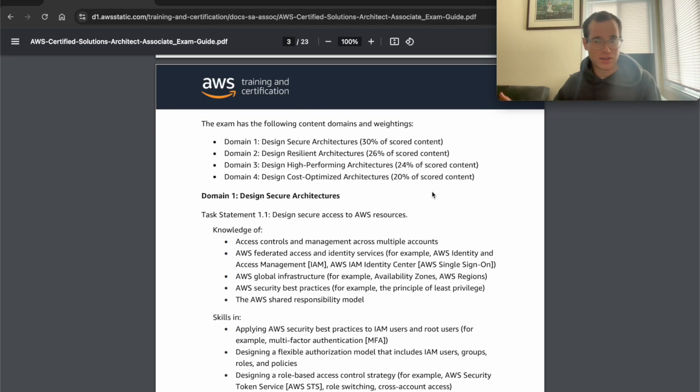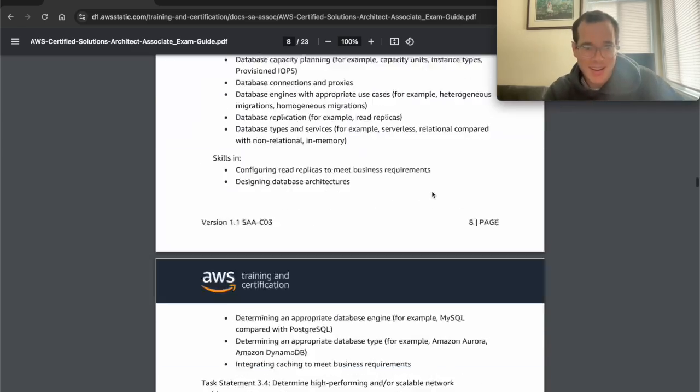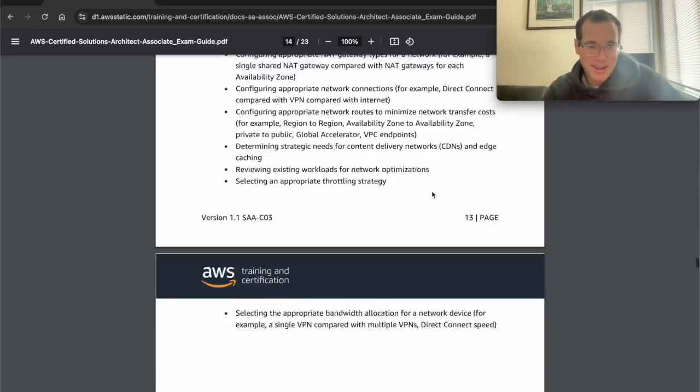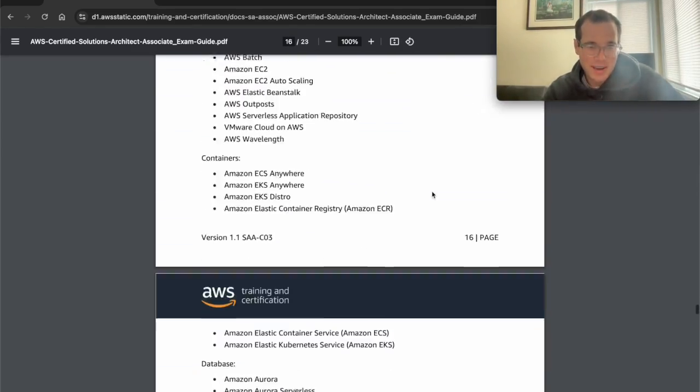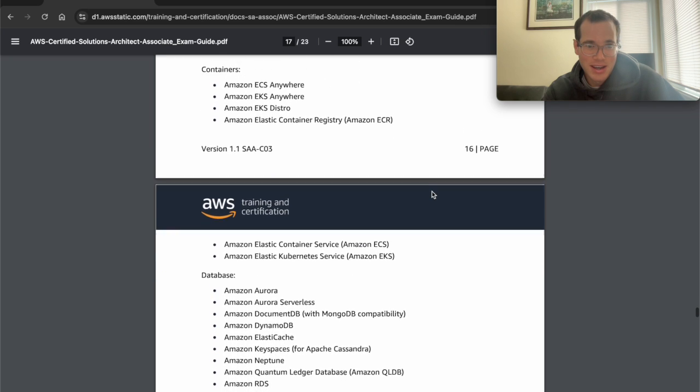Then you can take advantage of other types of pricing models. So you've just got to jump into it, look at what areas are the most focused on, and really hit those hard. At the very least, try to see all the different AWS services once, and ideally have some general idea of what each does.